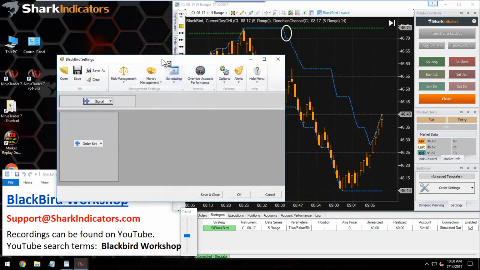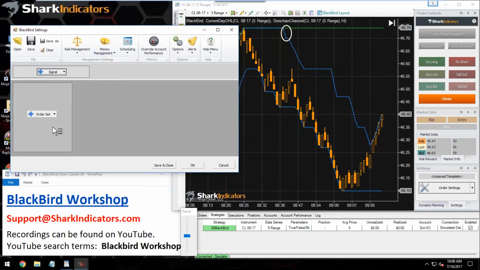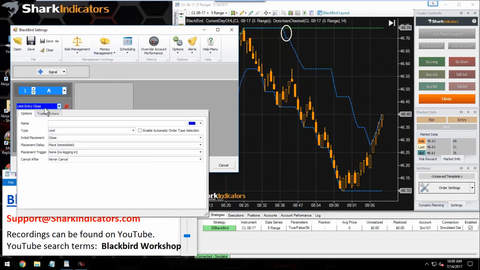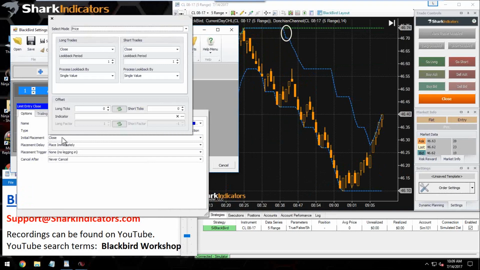First, I'll need to make a limit order here. I believe what's being done is that the limit order is being placed at the daily high or the daily low.